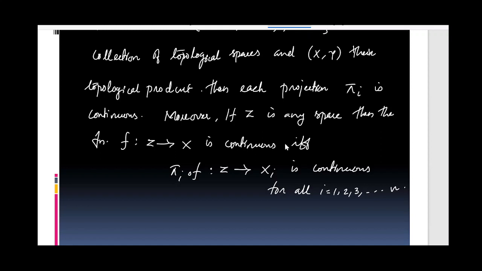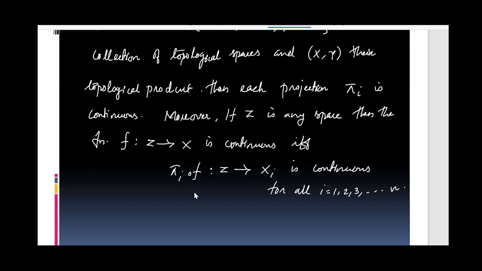Suppose your f is continuous, then pi i we have already proved continuous. Now pi i composition f, a composition of two continuous functions, will result in another continuous function. Therefore, one part is very easy.